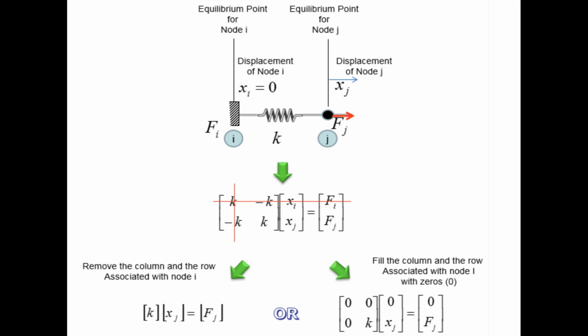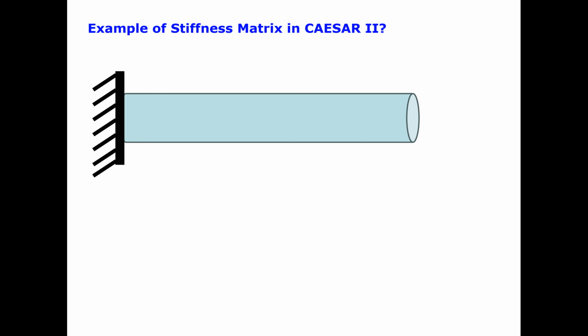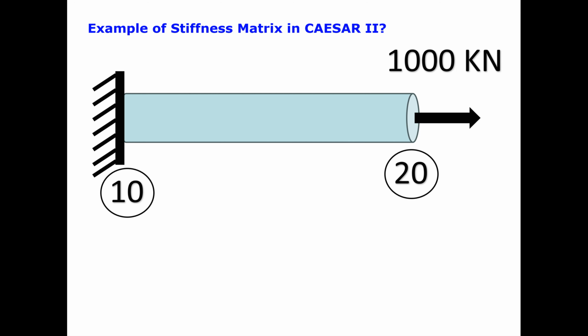Let's walk through a simplified example to illustrate how Caesar assembles the global stiffness matrix and solves for displacements. Consider a straight pipe modeled as one beam element with two nodes, node 10 and node 20. Node 10 is an anchor, meaning fixed support, and node 20 is a free end where an axial load of 1000 kilonewton is applied.